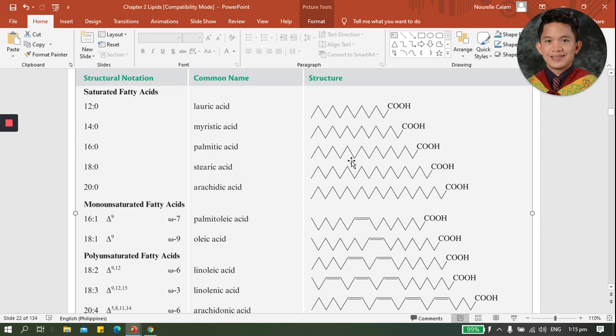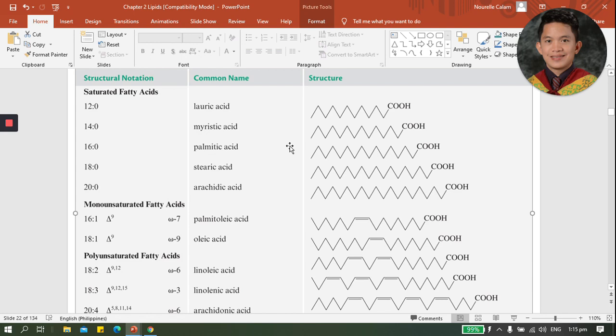So we only use the delta and the omega notation for the positions of the double bonds.